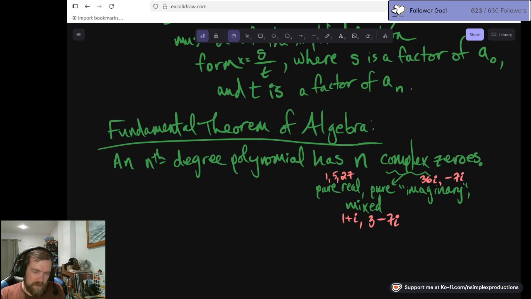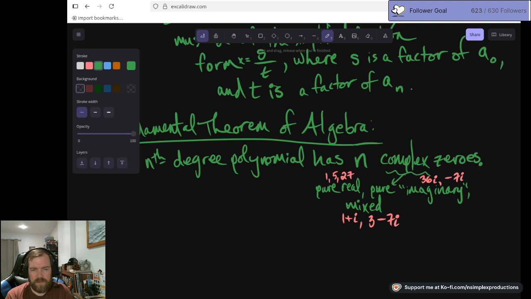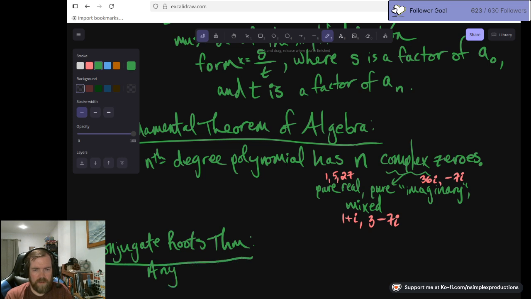Okay. So not only will complex roots have conjugates, but also any radical roots need to also have conjugates. So we had discussed... actually, that's not even true.